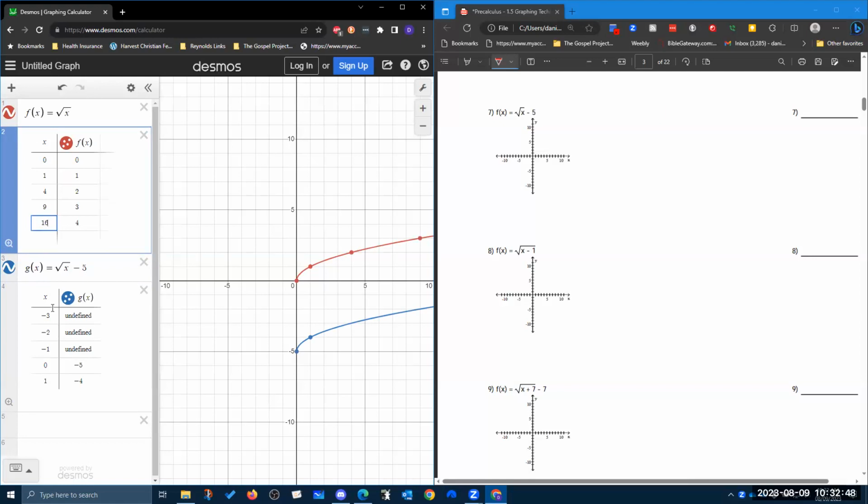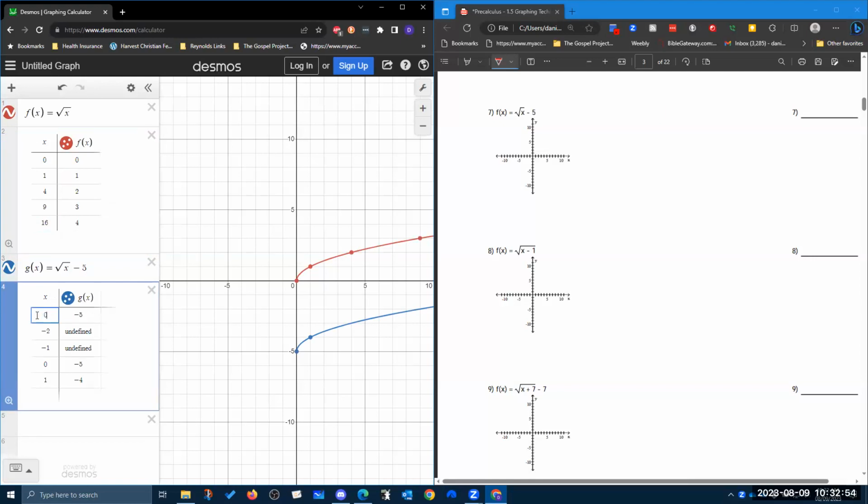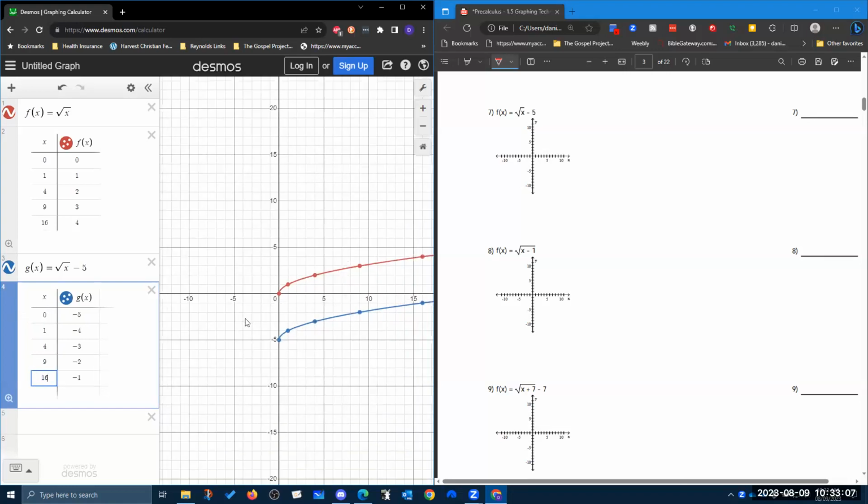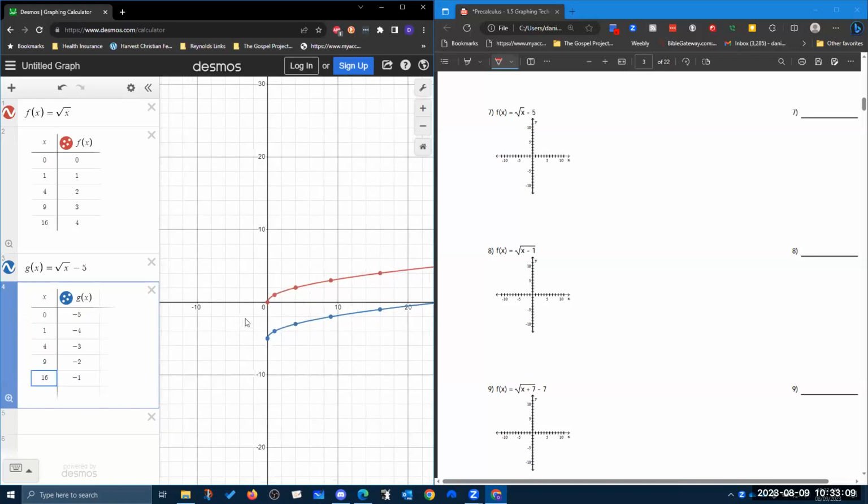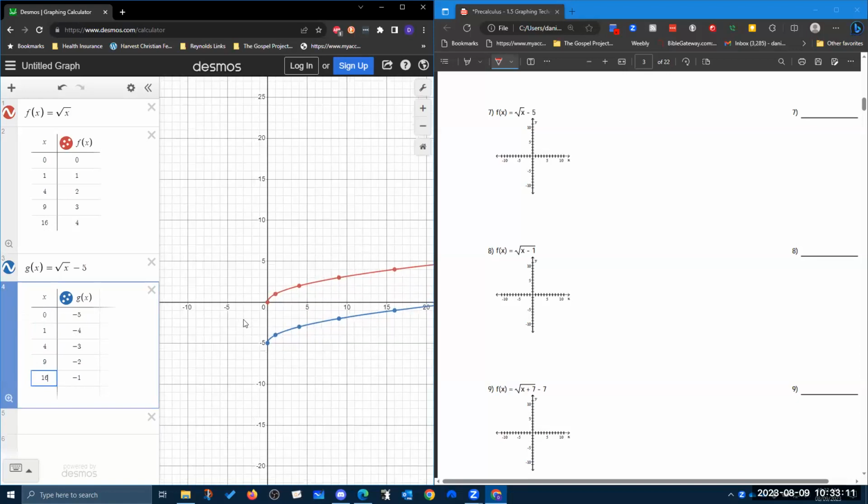And since I am shifting vertically, I'll leave these X values alone here for you. These are the X values that correspond to your parent graph for that function.